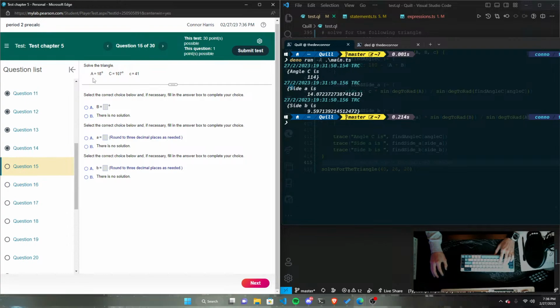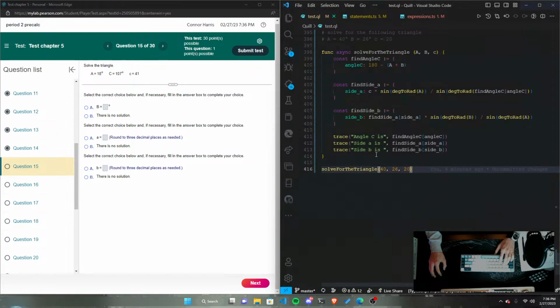Okay, so we have the same problem again, which is two angles and a side. This time we have this angle, which is going to be pretty much the same problem. Just we need to remember the given values, so we have 18, which is A, and 107, and then 41.